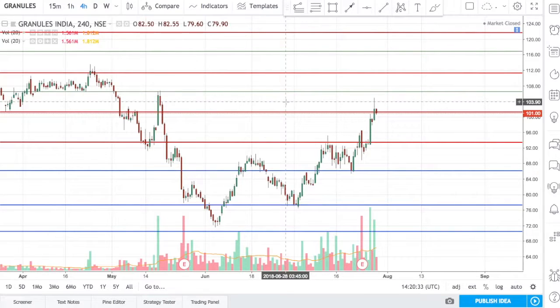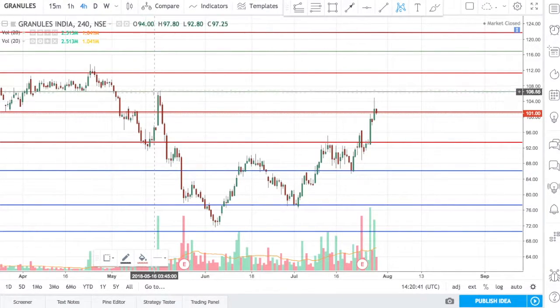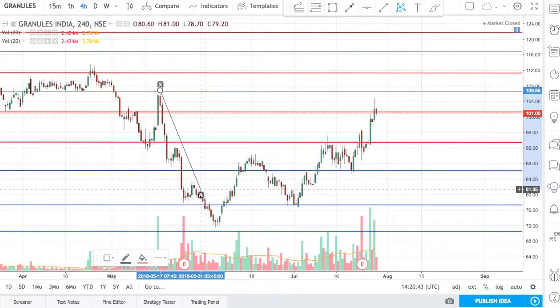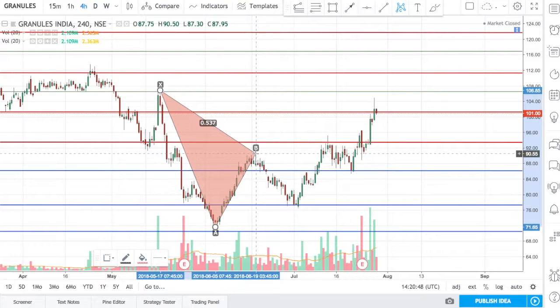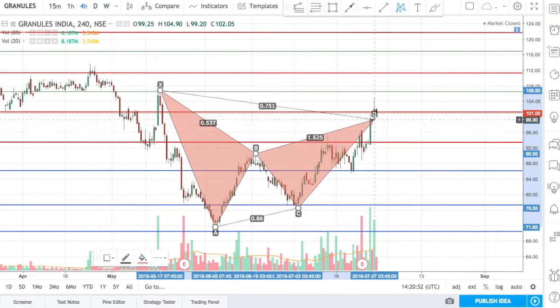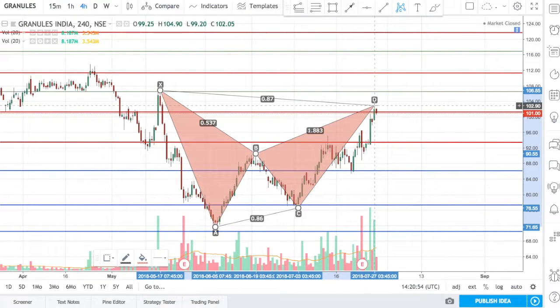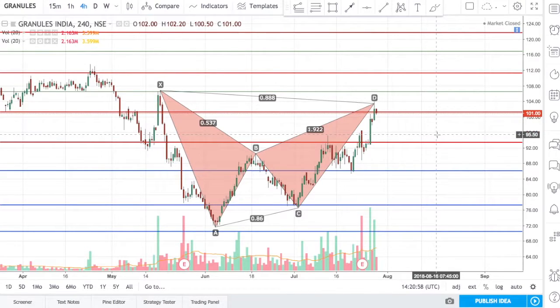Let me draw the bat pattern so that you could see for yourself our short trade possibility. From this point to this point, A to B, B to C, and our completion here.